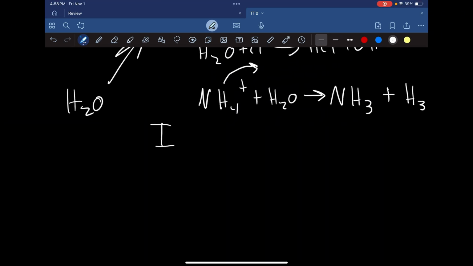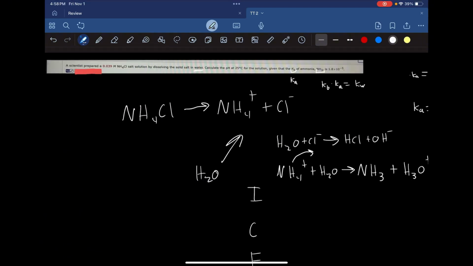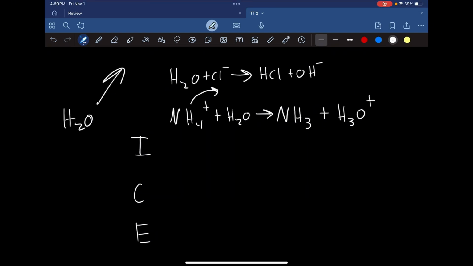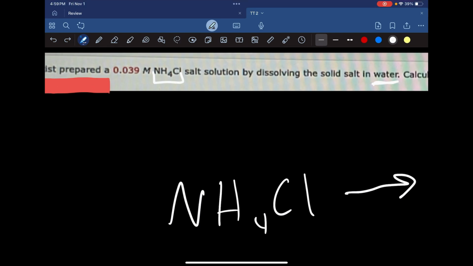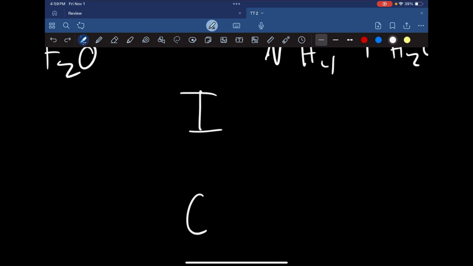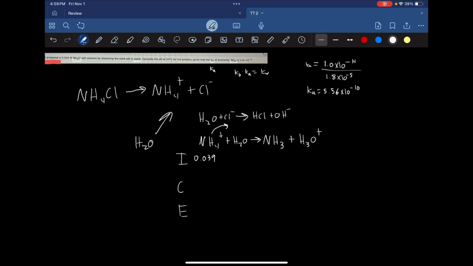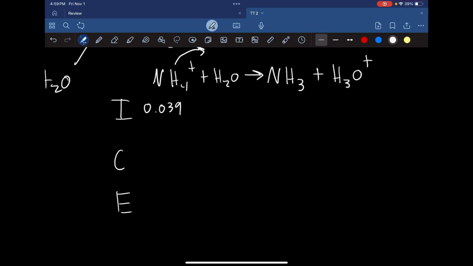So I, C, E, and since we're using the NH4, we got to plug that in for NH4 right here. So we have 0.039 molarity, and they didn't give us anything else.